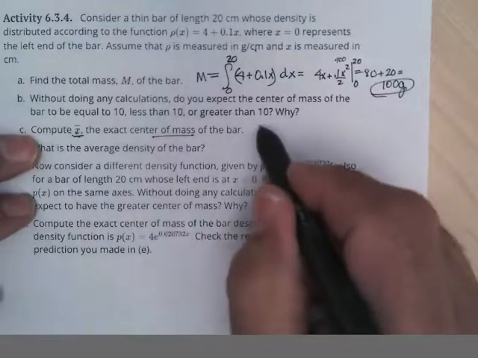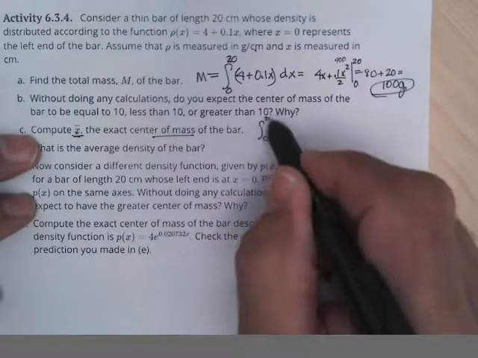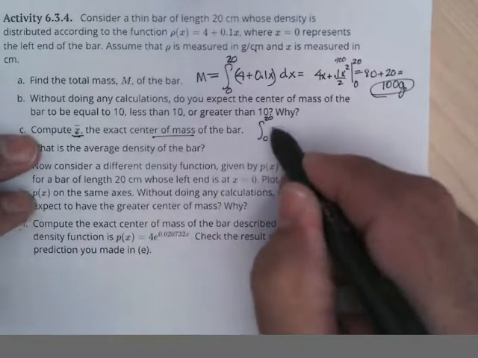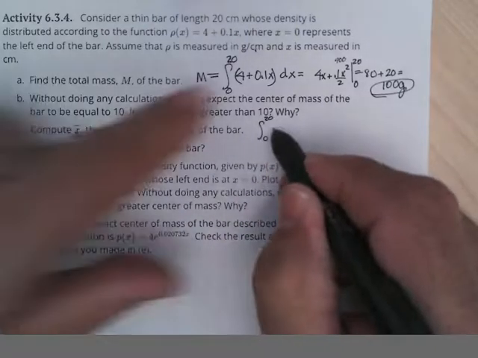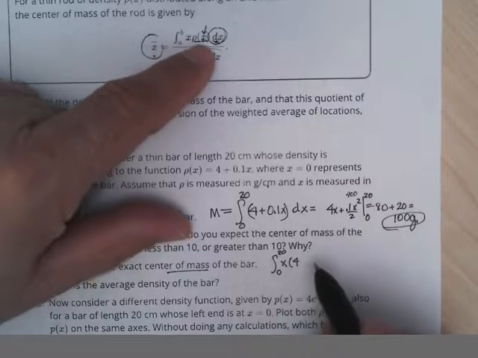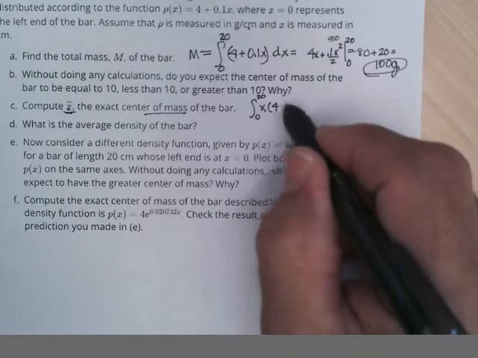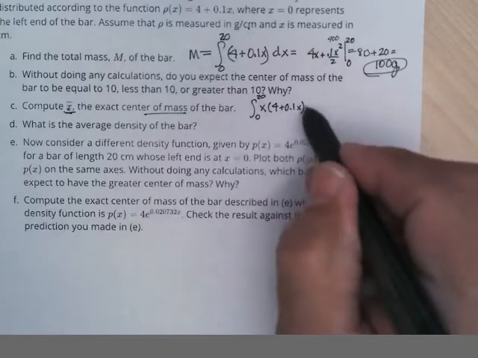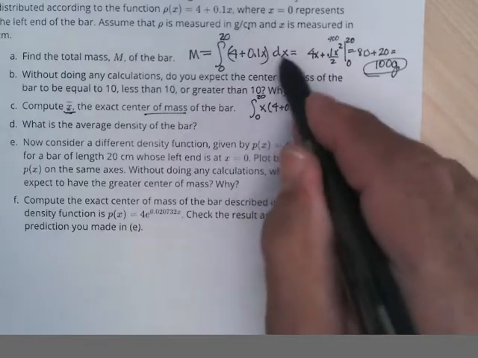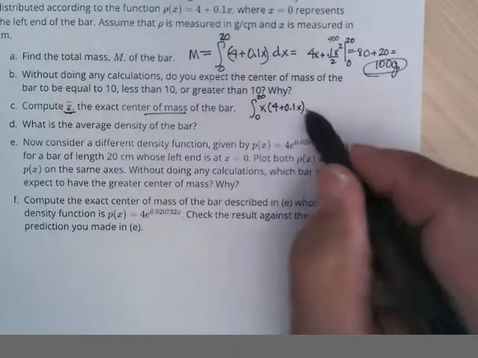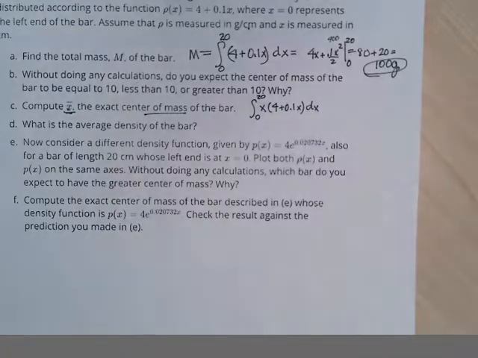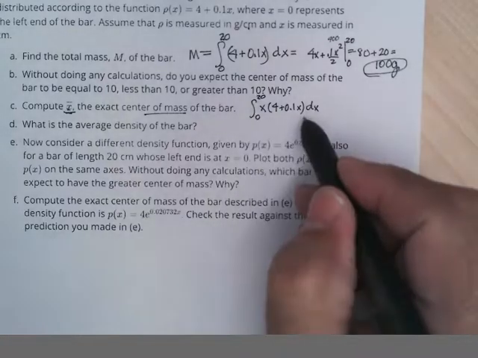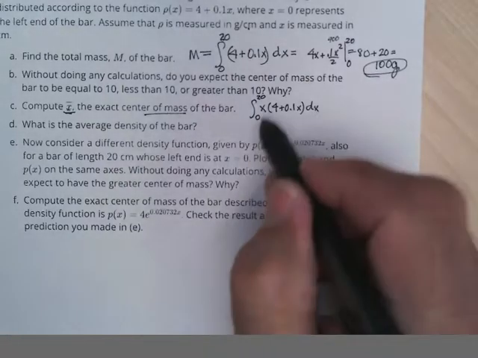We have to take the integral from 0 to 20 of the position, which will be x, times the density, 4 plus 0.1x, times the volume, or if this has already got part of it in there, times dx, and that will give us, see, is that right? Yes.